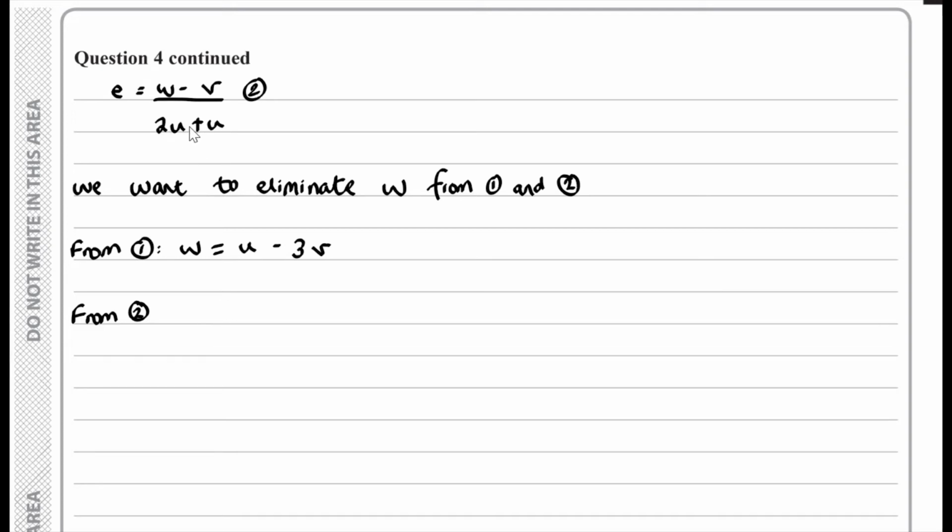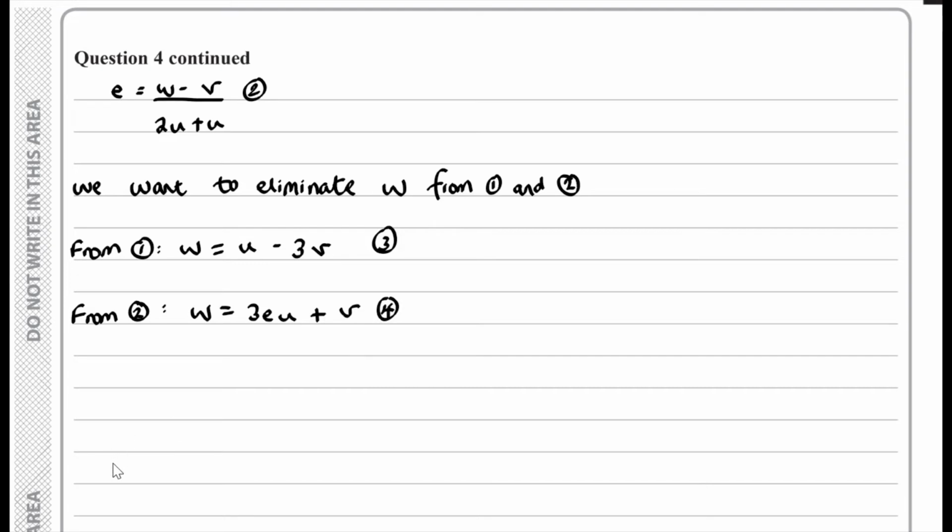If we multiply both sides by 3U and then add the V to both sides, you'd find W to equal 3EU plus V. So we have 3EU plus V. We'll call this equation 3.